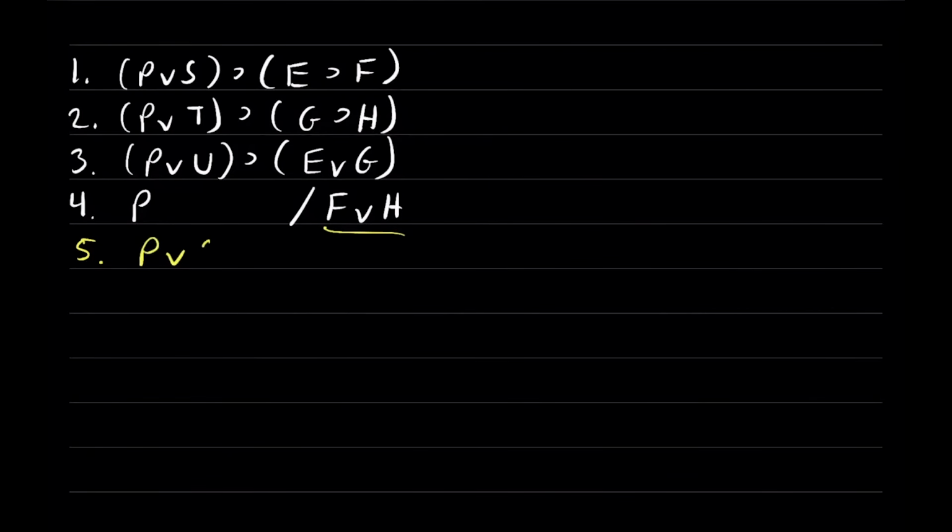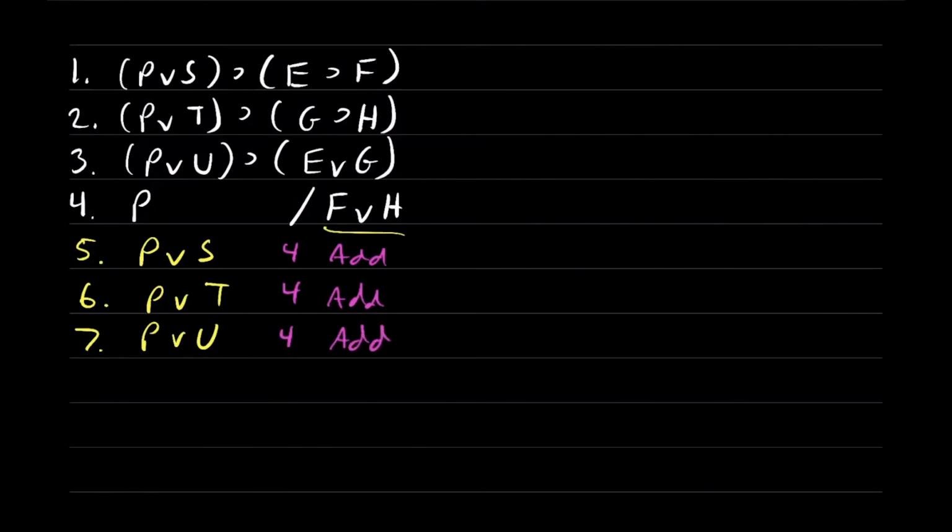We're going to get P or S, P or T, and P or U. And all of those are going to follow from line 4. So line 4 by addition, line 4 by addition, and line 4 by addition. And we're doing those steps so we can get the antecedents of these conditionals in lines 1, 2, and 3.